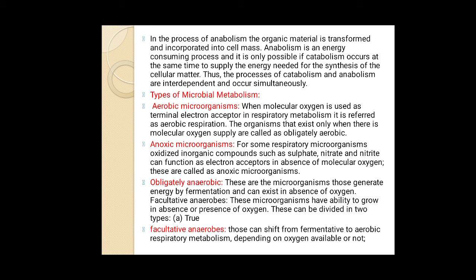This is one of the types of microbial metabolism. When molecular oxygen is used as the terminal electron acceptor in respiratory metabolism, it is referred to as aerobic respiration. The organisms that exist only when there is a molecular oxygen supply are called obligatory aerobes.